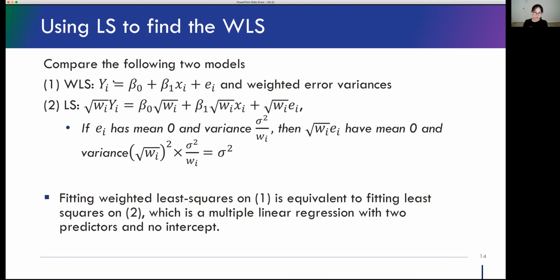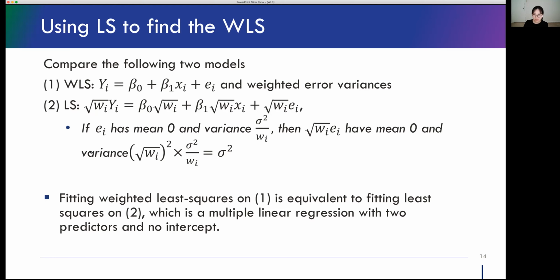So let's just do the comparison here. We have one model, the weighted least squares model like this, and we know this e_i has weighted error variance. And the second one is a least squares model, but with this transformed format. In this one, after we do the transformation, we have made the error variance constant.